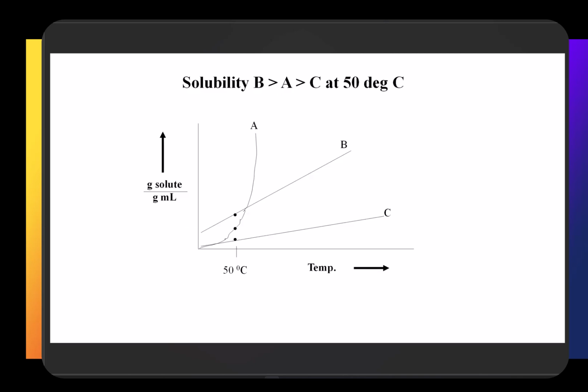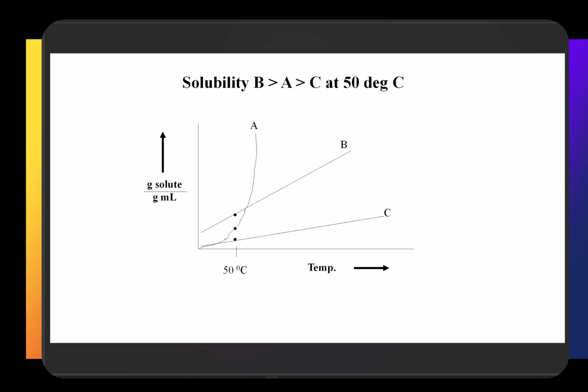Here's the graph of solubility of three hypothetical substances, A, B, and C, versus Celsius temperature. You can see that A rapidly increases solubility with temperature, and B less so, and C is pretty flat.